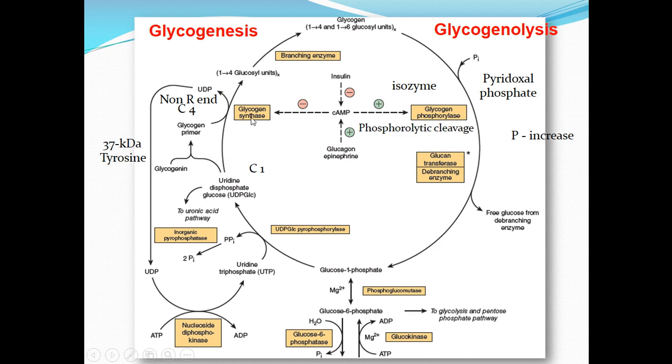Now this glycogen synthase catalyzes the formation of the glycosidic bond between carbon 1 of glucose of UDP glucose and carbon 4 of the terminal glucose residue of glycogen or the glycogen primer, liberating this UDP.